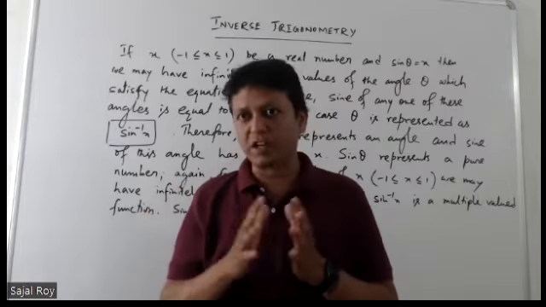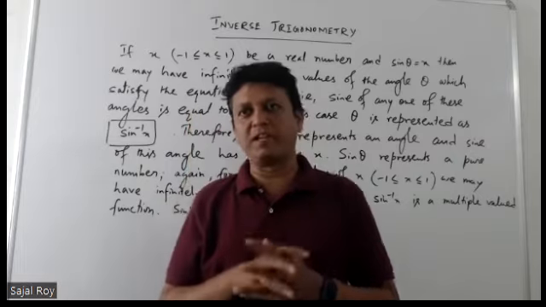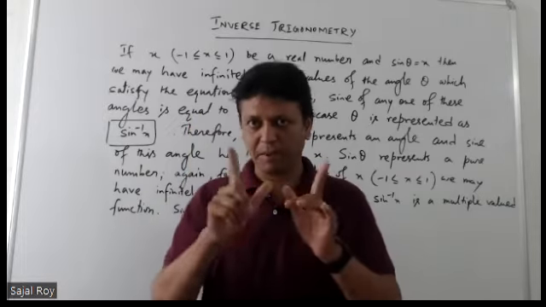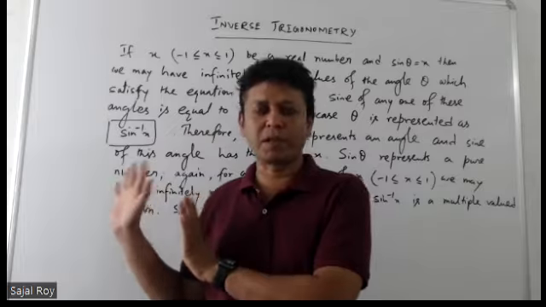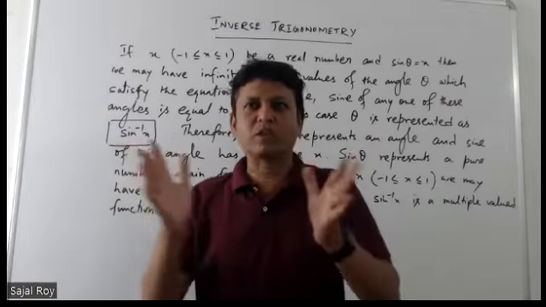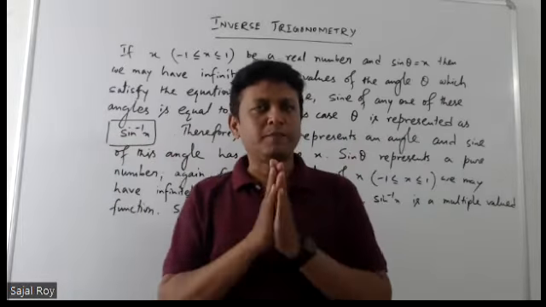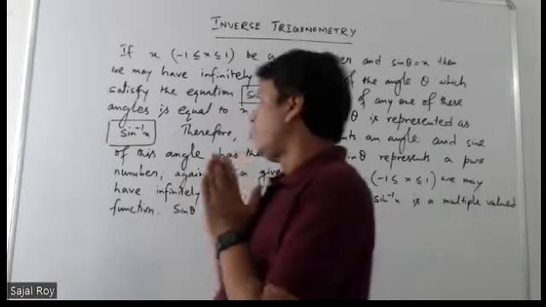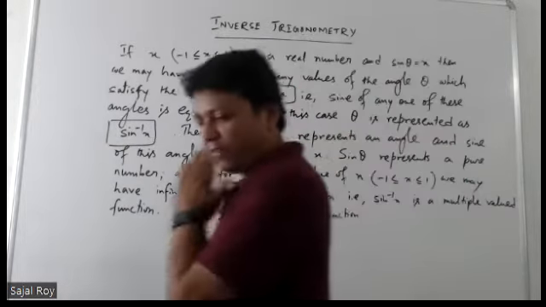If the function is one-one and onto, that is bijective, then we can find the inverse of that function. That is the meaning. I will discuss that part also, how the trigonometric functions exist and what are the domain and ranges of those functions.